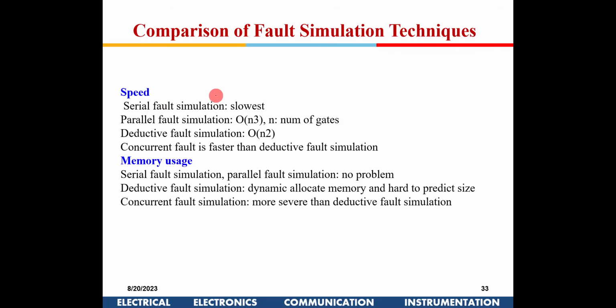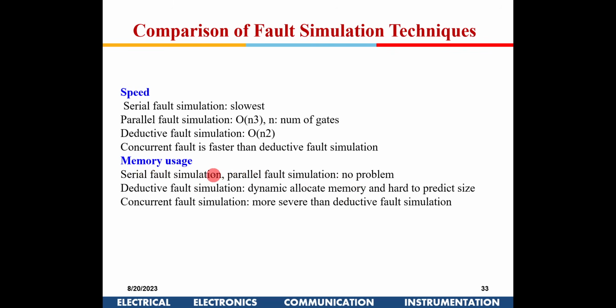Now if you compare some of the things which we learned, serial will be the slowest one. Then you have parallel, which is slightly faster, and then you have the deductive, which becomes the fastest. But memory usage wise, there is an issue.